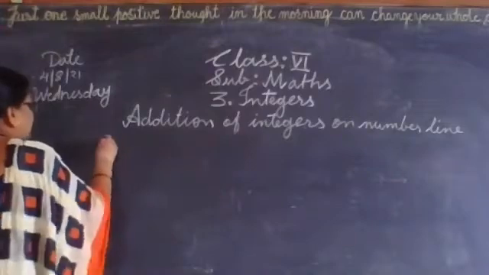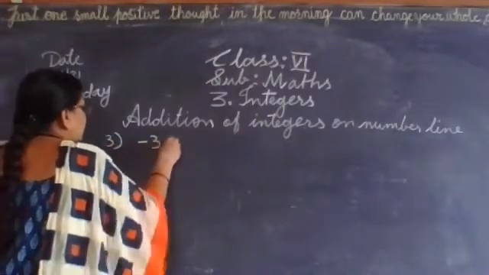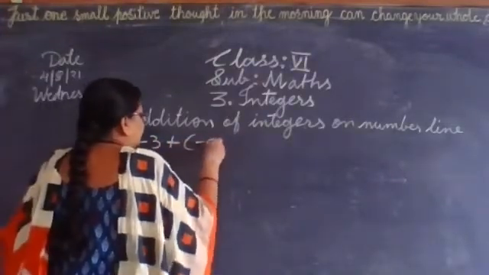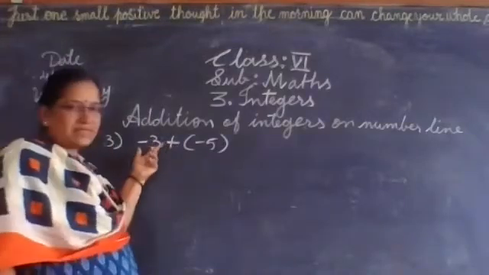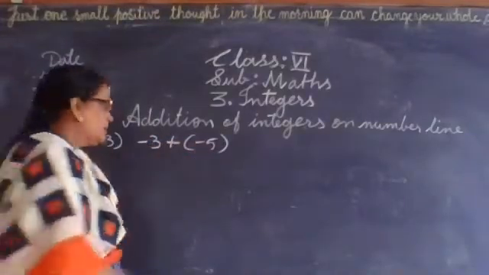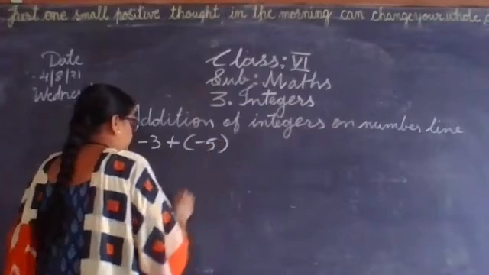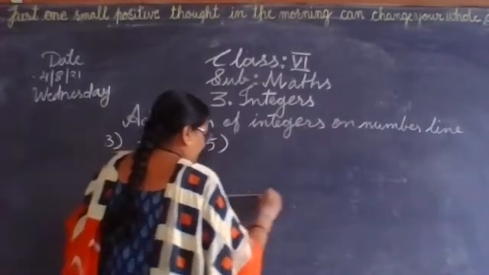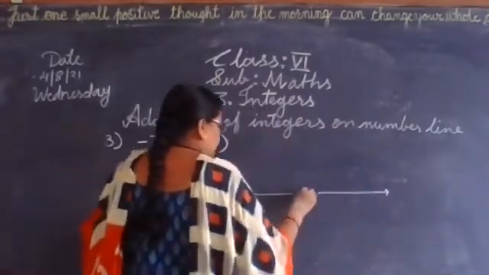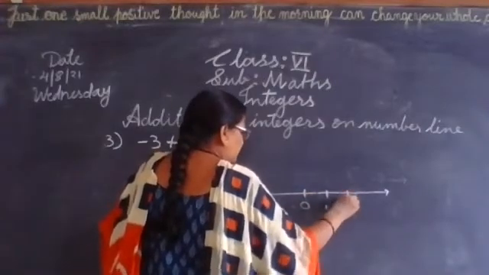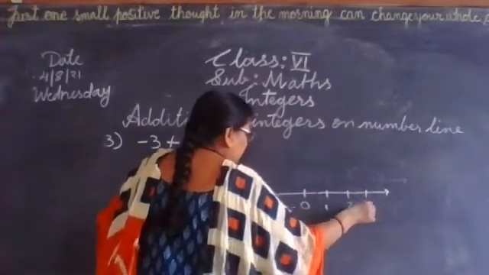So the third is -3 plus -5. Means you have to add -3 and -5. See how it is. 0, 1, 2, and 3.